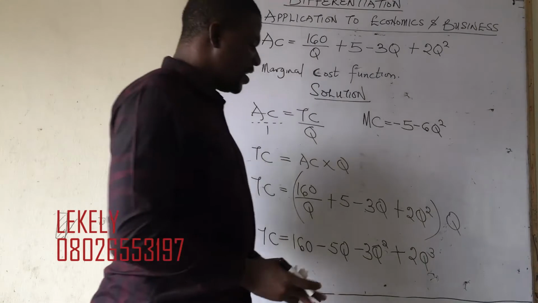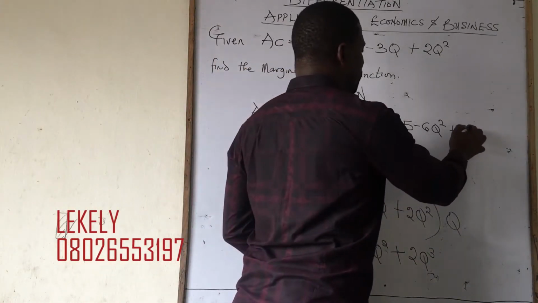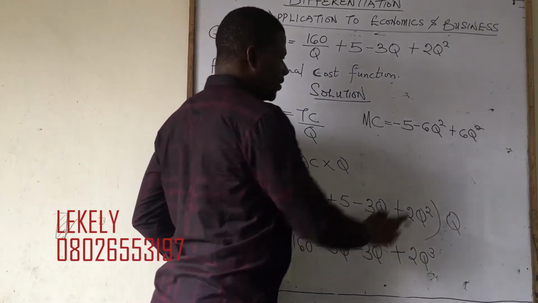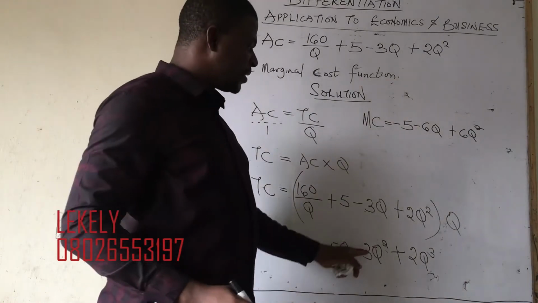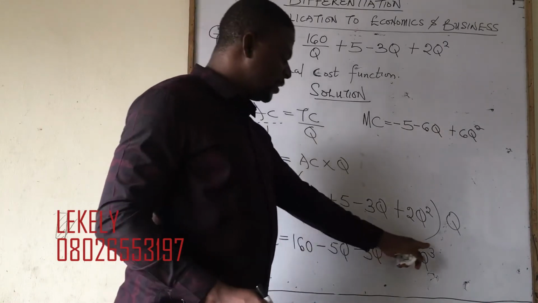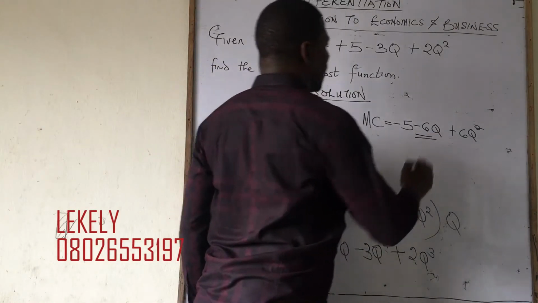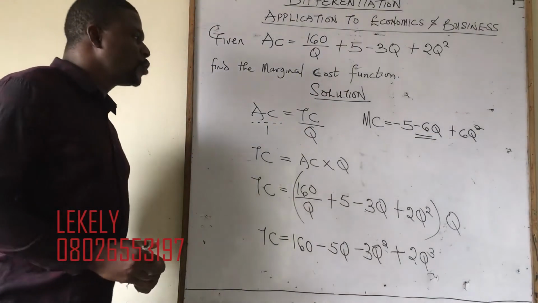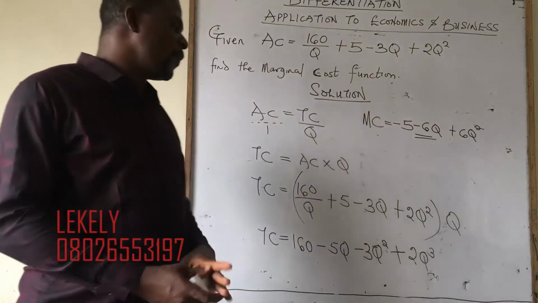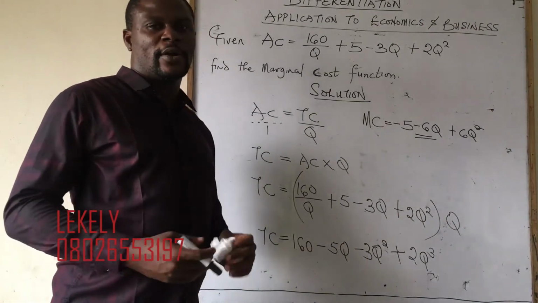Differentiating 2q cubed gives plus 6q squared, because 2 times 3 is 6, and q cubed minus 1 leaves q squared. So this is now my marginal cost. I'm given average cost and I'm to find marginal cost, so I first get my total cost and then differentiate it.